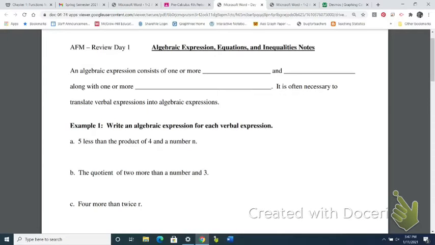Good morning. Today we're going to be covering review day 1, which is algebraic expressions, equations, and inequalities. An algebraic expression consists of one or more numbers and variables along with one or more arithmetic operations.